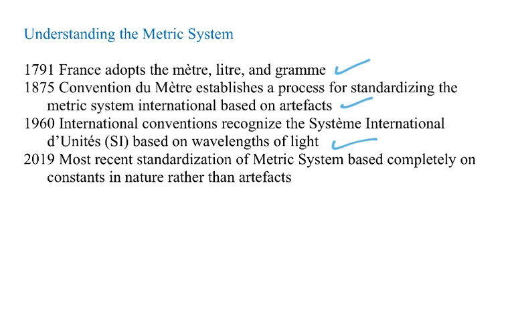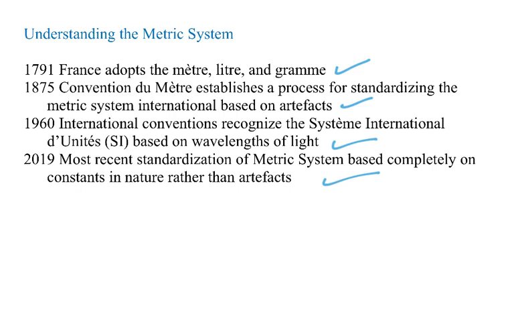And the most recent clarification of the metric system was as recent as 2019. And now all the measurements in the metric system are based completely on immutable, unchangeable constants in nature, rather than relying on artifacts like a standard meter bar or a standard liter volume.